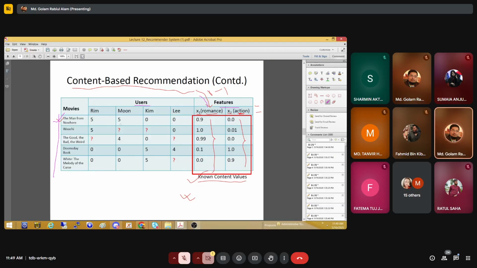Like The Man from Nowhere, in this movie, this is kind of a romantic movie, there is no action. Then Uchi is another movie, highly romantic, but with just a little action. And The Good, the Bad, and the Weird is also kind of a romantic movie, but there is no action.